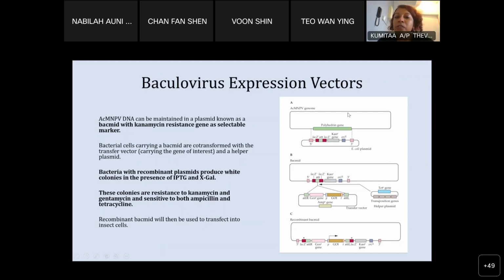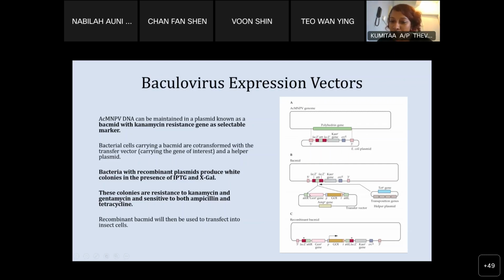Again, you start off with your ACMNPV genome containing a polyhedrin gene, and then your transfer plasmid. In this case, your homologous regions are here, the 5' and 3' regions. After homologous recombination, you get this entire region, which is now in the ACMNPV genome, or your bacmid. Then you have a different transfer vector.